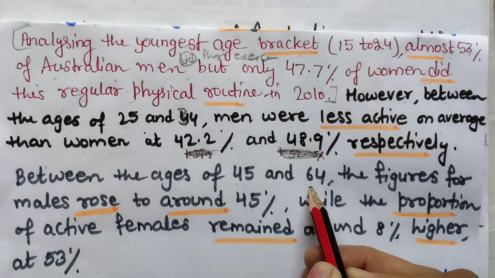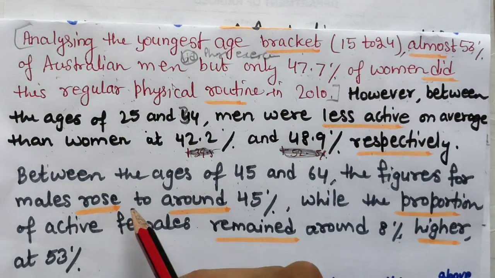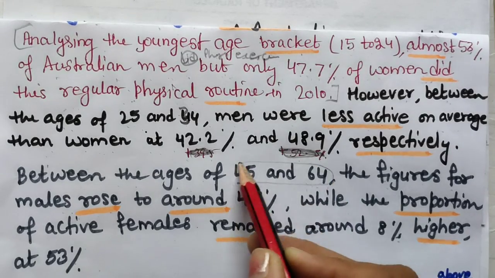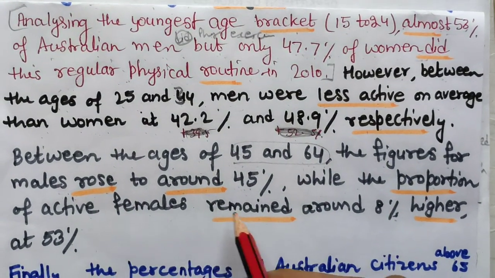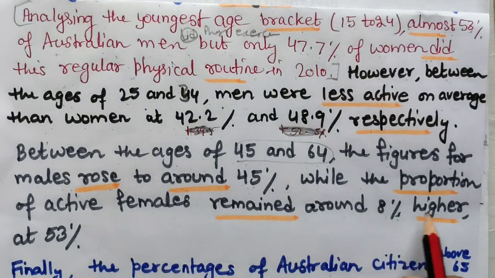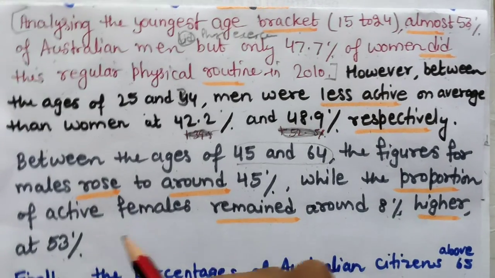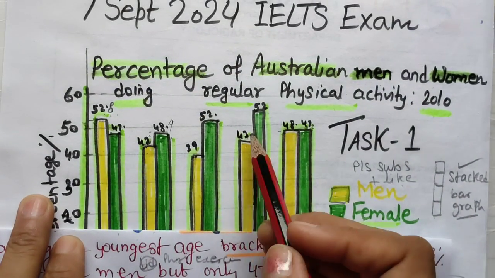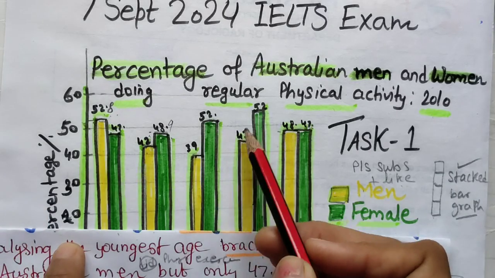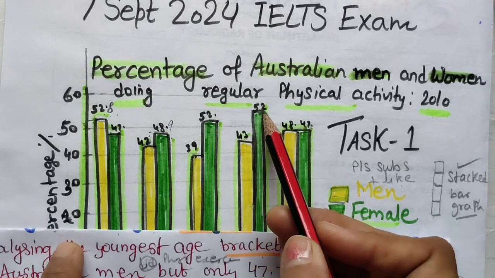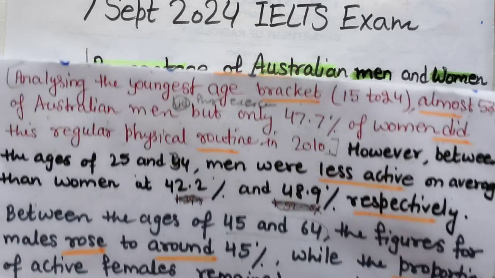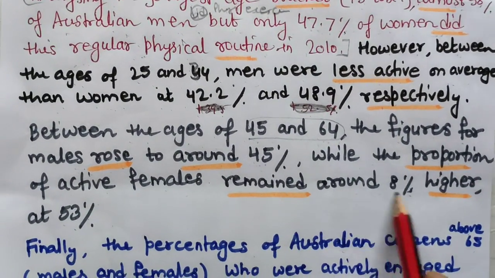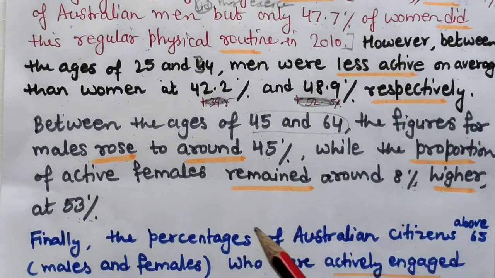Between 45 and 64, the figures for male rose to around 45%, while the proportion of active females remained around 8% higher at 53%. You can see this 8% gap is there between 43 and 52.